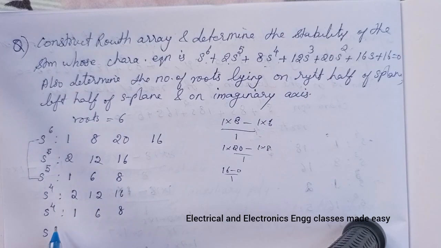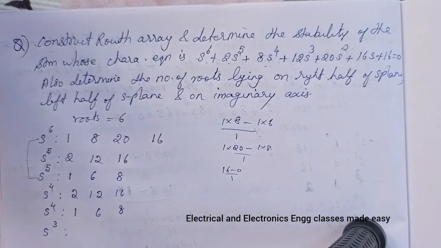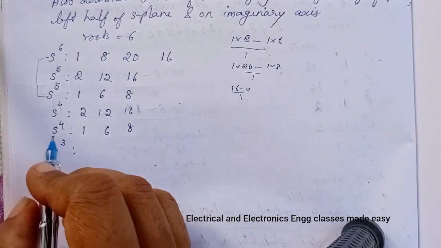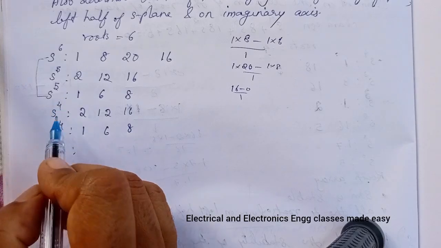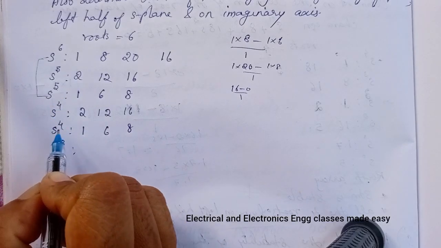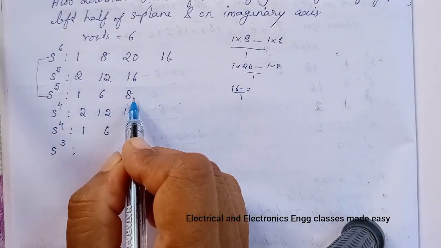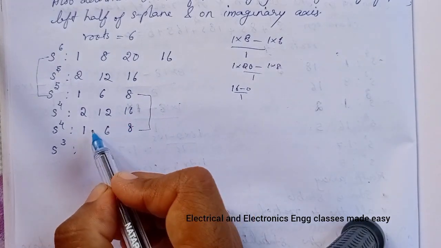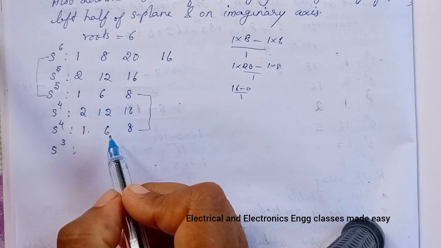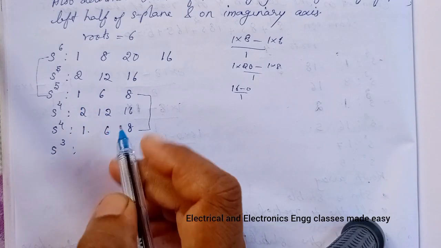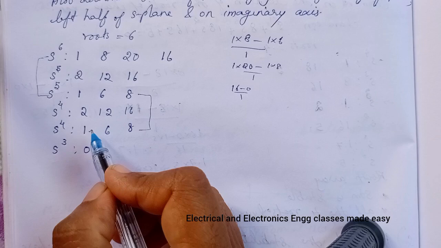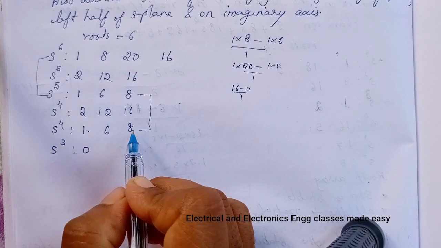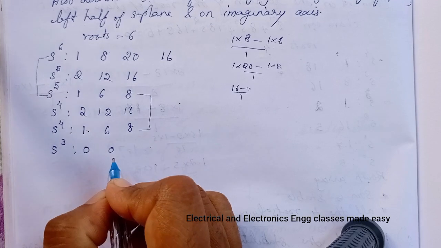Next we can write s raised to 3. So the elements of s raised to 3 are obtained with the rows of s raised to 4 and s raised to 5, that is these 2 rows we can consider. And here 1 into 6 minus 1 into 6, that is 6 minus 6 is 0. Then next is 1 into 8 minus 1 into 8, that is again 0.